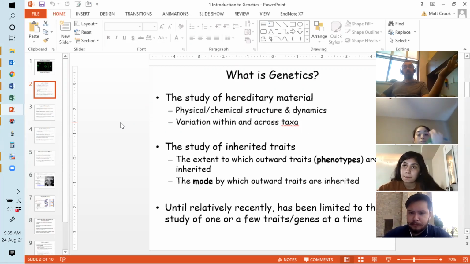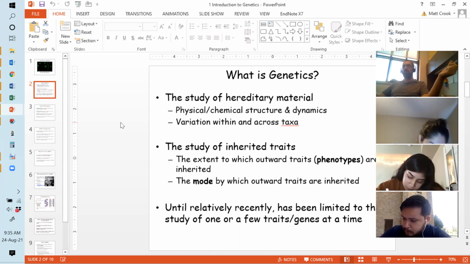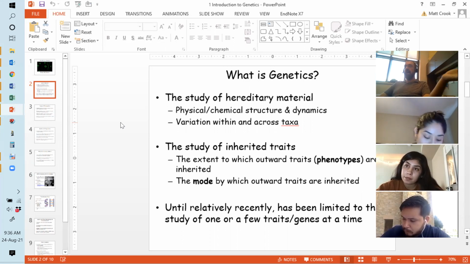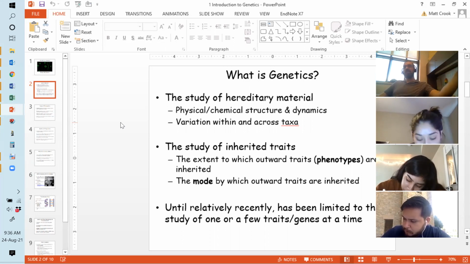Because DNA, even though it doesn't go anywhere, it stays in the nucleus at all times, it is dynamic. And we'll spend a reasonable bunch of time later on in the course talking about how DNA changes, not its sequence. That always stays the same unless mutations occur. But there are many other ways in which DNA can change its accessibility and so on.